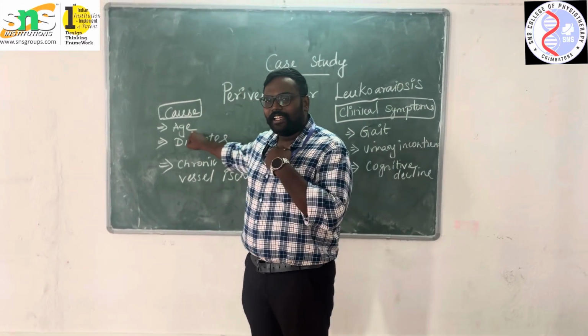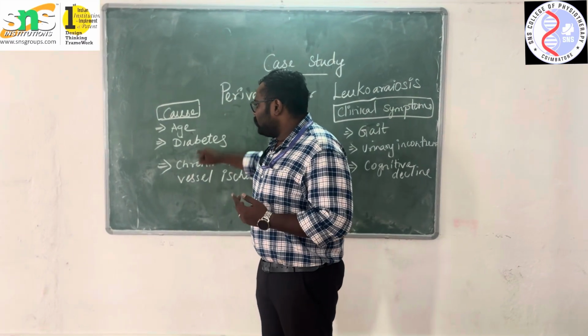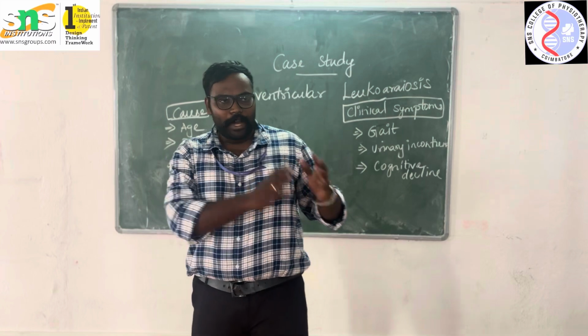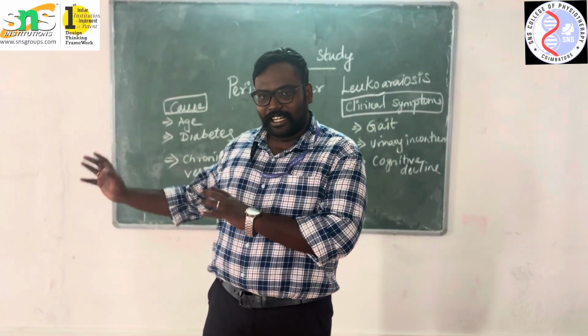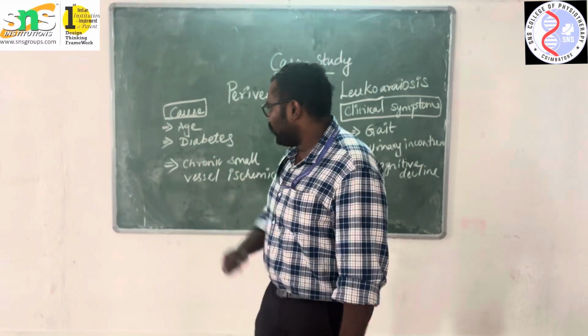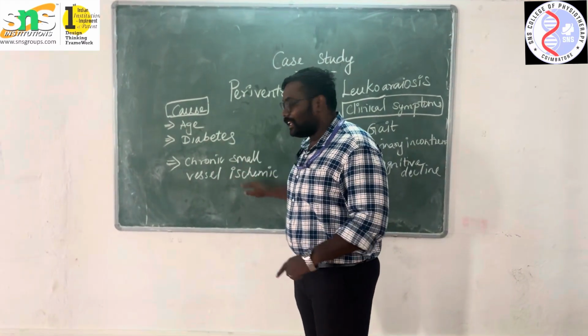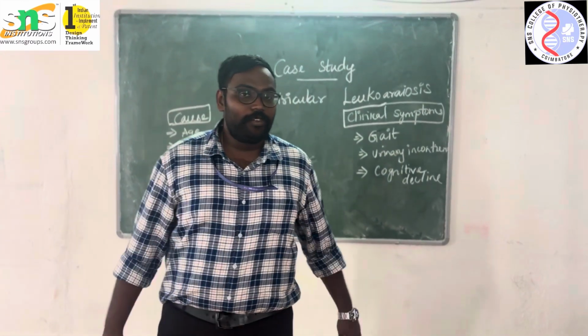My patient is an 80-year-old female. She has been identified with diabetes for the past 20 years and is under medications. She also has chronic small vessel ischemia, which we recently found in the CT scan of the brain.